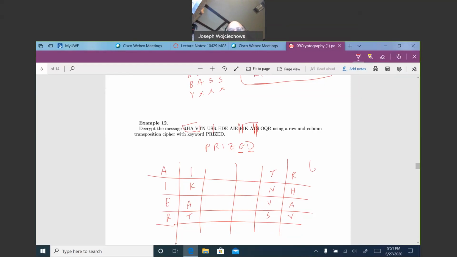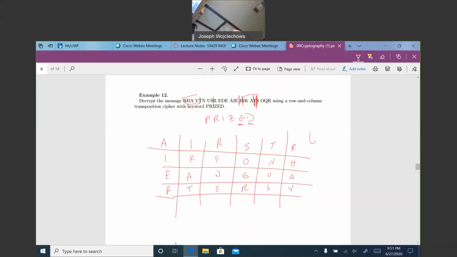This is where the R-E-D-E was supposed to go. It can be difficult to get straight. And this would be the last one. S-O-Q-R. I will tell you, I think there might be one like that on the homework, but there definitely isn't one like this on the exam.